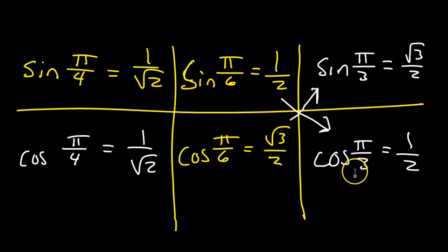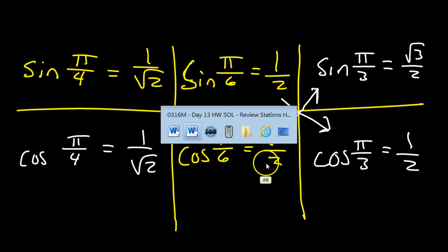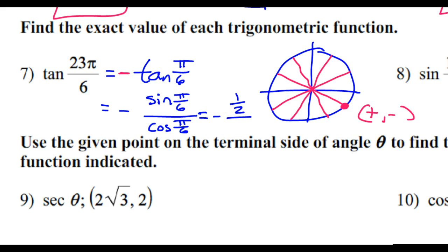And we can get these 3 white ones very easily. So we tend to write these 6 down at the top of our paper or on scratch paper before we start any trig assignment. So cosine of pi over 6 is radical 3 over 2. So that means here I will have radical 3 over 2.